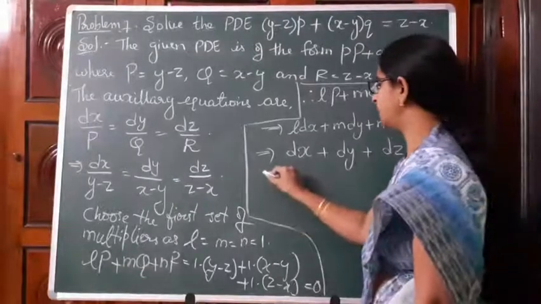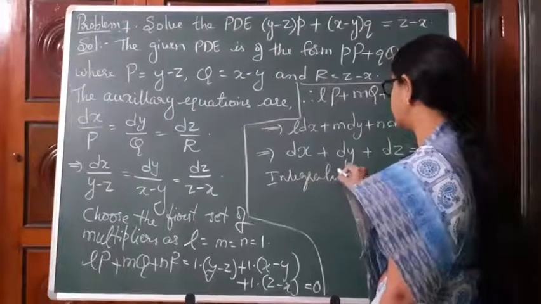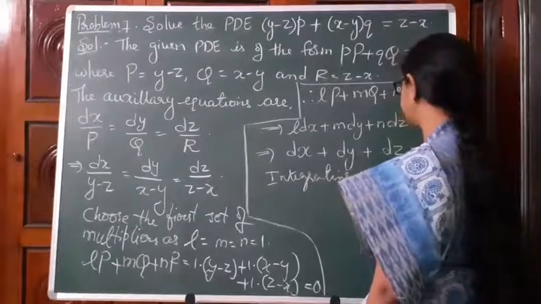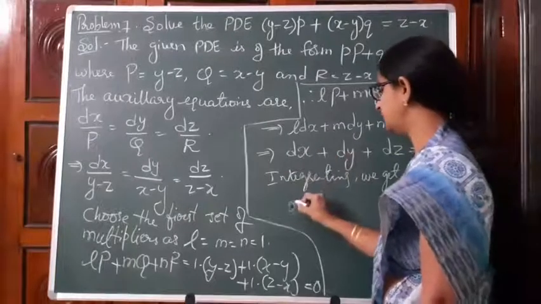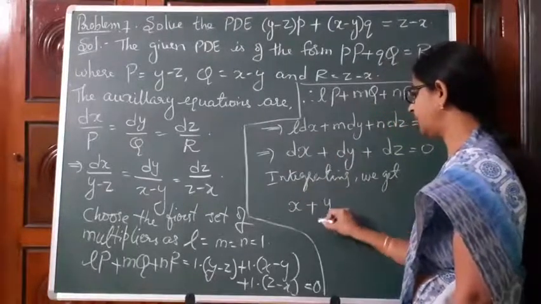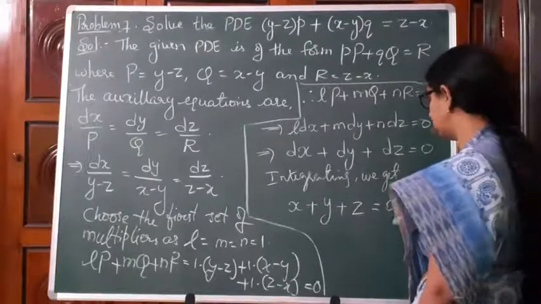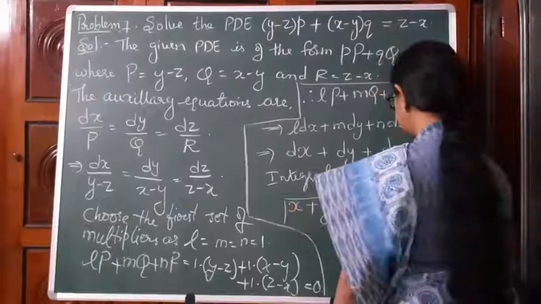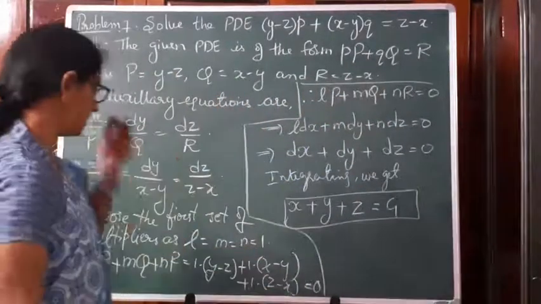Now integrating we get integral of 1 dx is x, plus integral of 1 dy is y, plus integral of 1 dz is z, is equal to c1. So this is the first solution from the auxiliary equations.